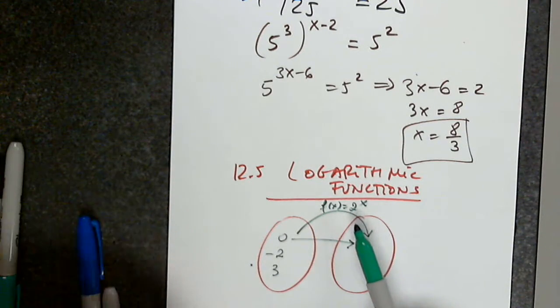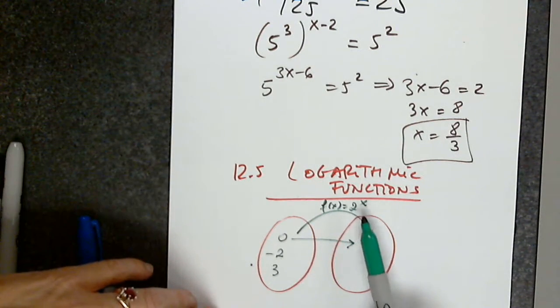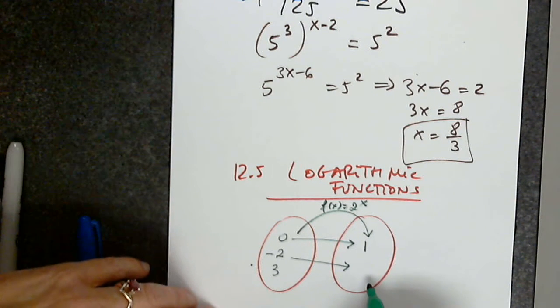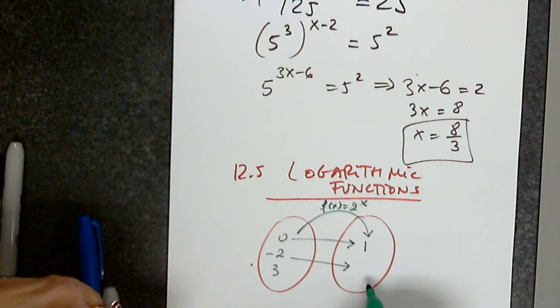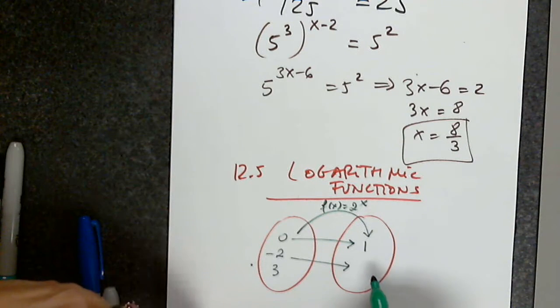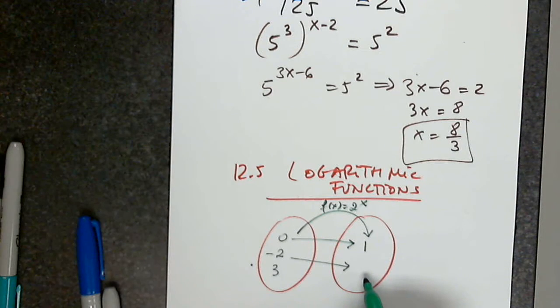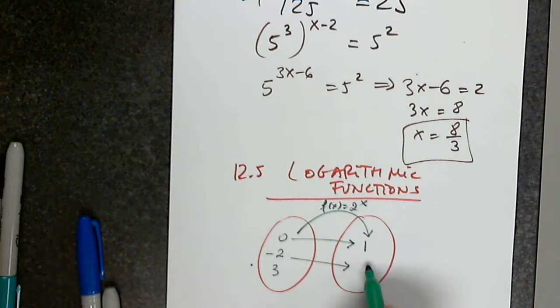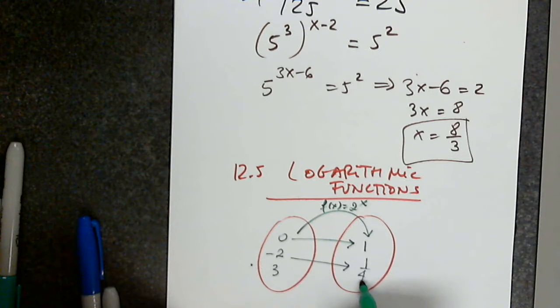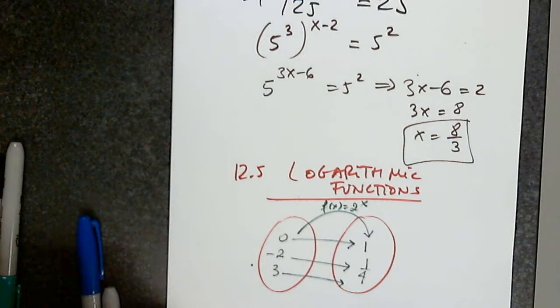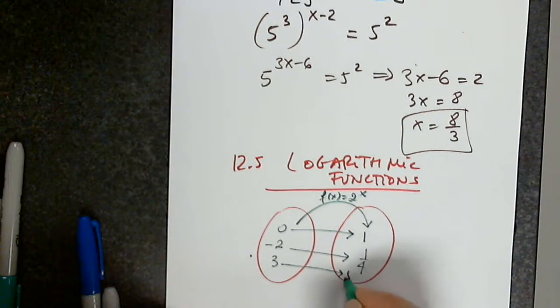If I put negative 2, then 2 raised to negative 2 is 1 over 2 squared, because the power is negative, it brings it down. Yes, 1/4, because it's negative 2. Okay, and the last one, when x is 3, what do we get? Excellent. Good.